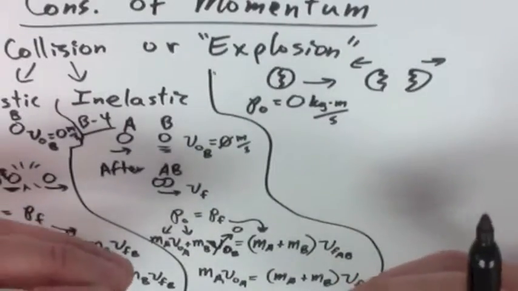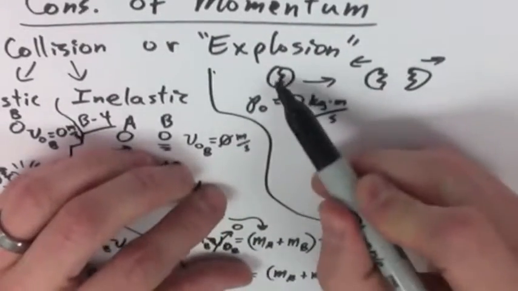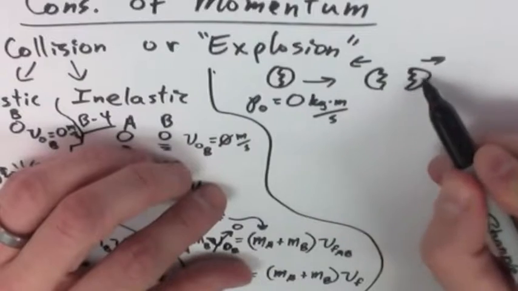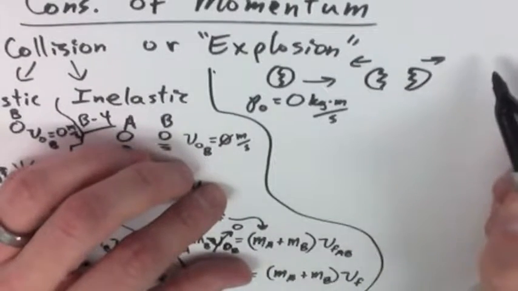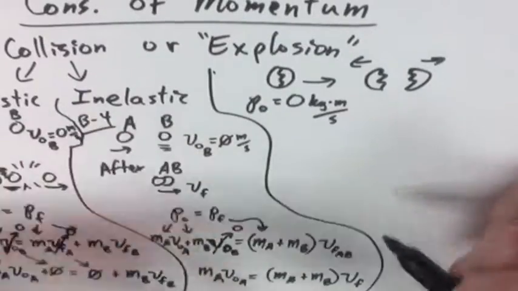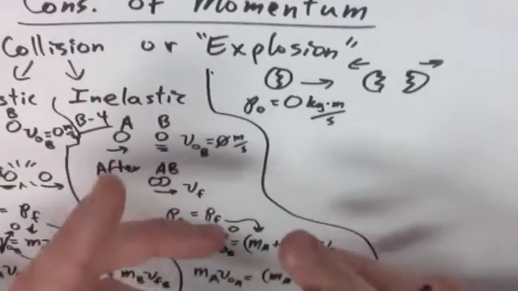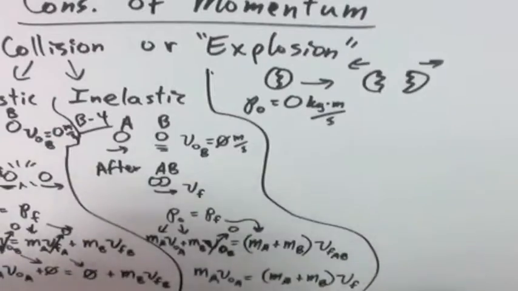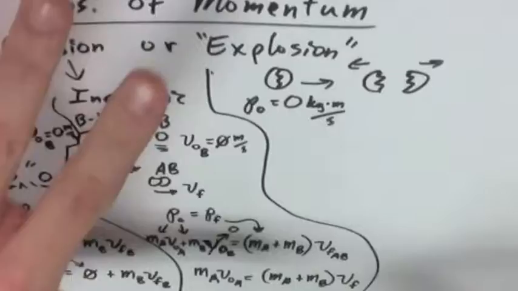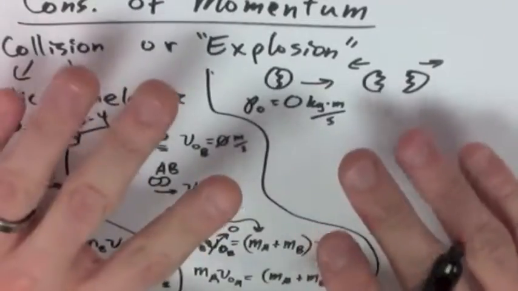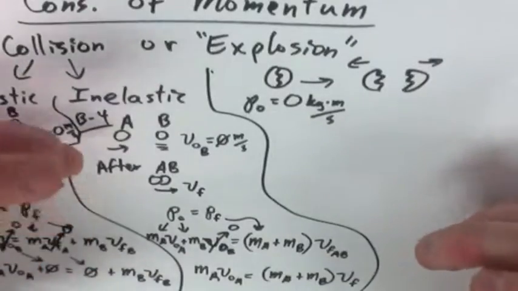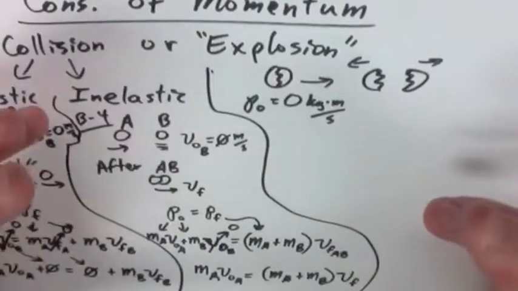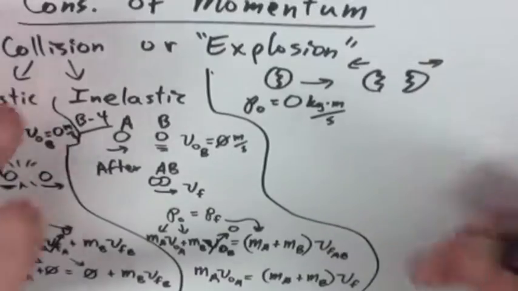The astronaut would get a momentum in the opposite direction from the extinguisher. Newton's third law comes into play: the force they put on the extinguisher ends up being the force the extinguisher puts back on them, and that is what creates the change in momentum, the impulse that they get. By the way, I got that example from the movie Gravity. Sandra Bullock actually does that, and it saves her life in that movie.